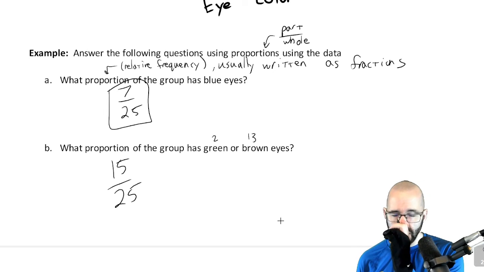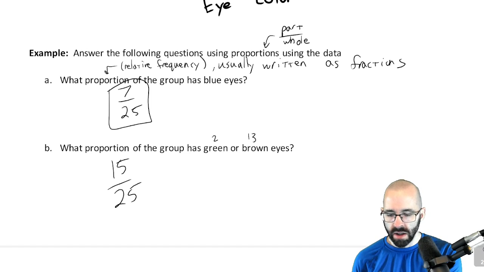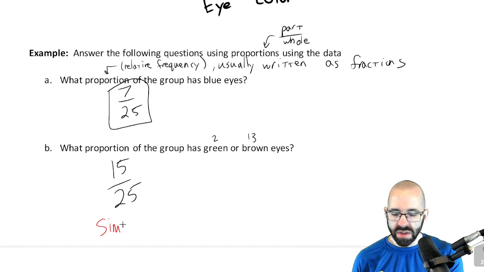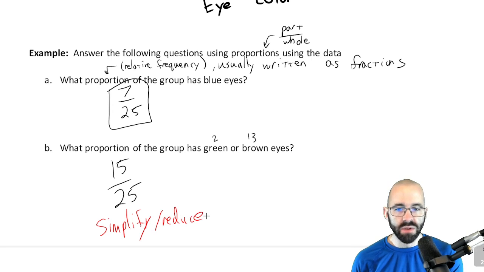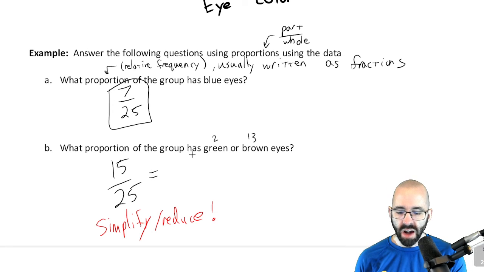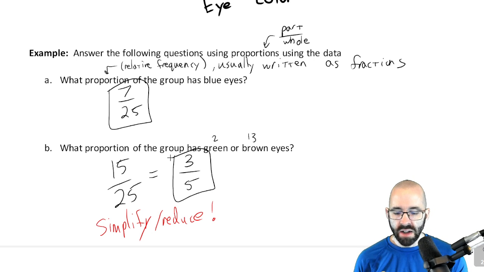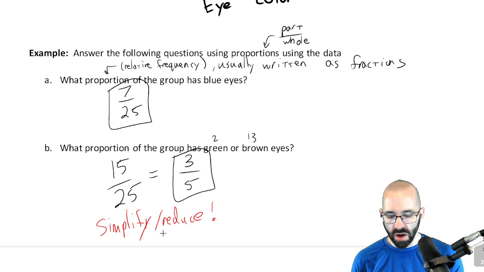What's wrong with this answer? Make sure to always simplify. What I mean by simplify is reduce. So notice that the top number is divisible by 5, and so is the bottom number. So 3/5 of this group has either green or brown eyes. Always make sure to reduce.